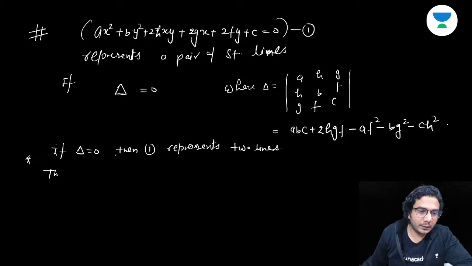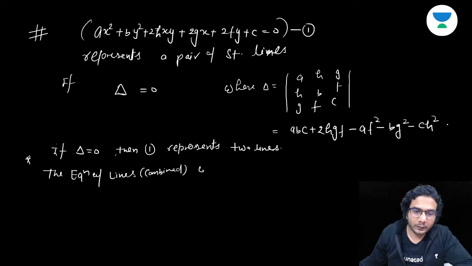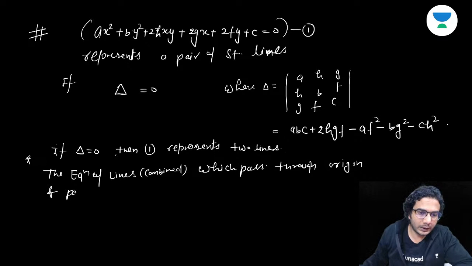Then now answer this: the combined equation of lines which pass through the origin and are parallel to the lines given by 1.